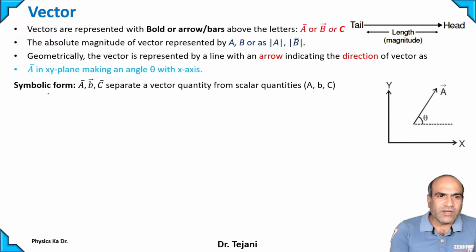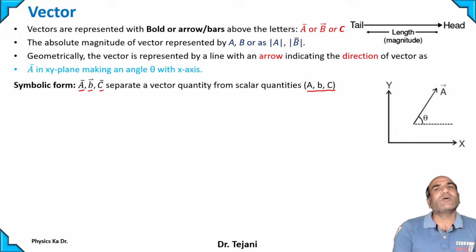In symbolic form, we already discussed A bar, B arrow, C bar. If it is without a bar, it is a scalar quantity, or simply a magnitude. When we talk about a vector, there must be some sign, for example A bar or A arrow, or it should be bold.